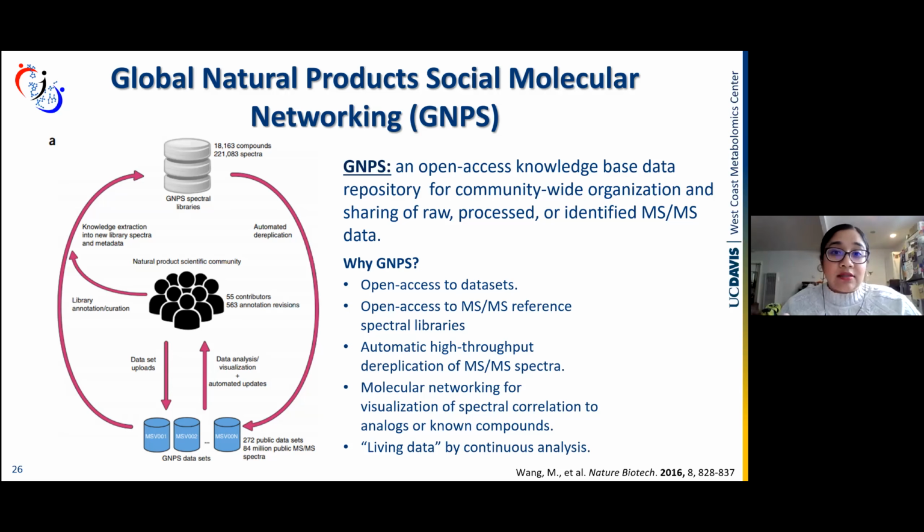And as long as the data is in your account or on the database, it's continuously analyzed. So maybe a year later, you've published the paper and have forgotten about that data set, but you might get an email notification again, hey, we've identified a true unknown or something like that. That's kind of like the big picture idea of this living data and continuous analysis.